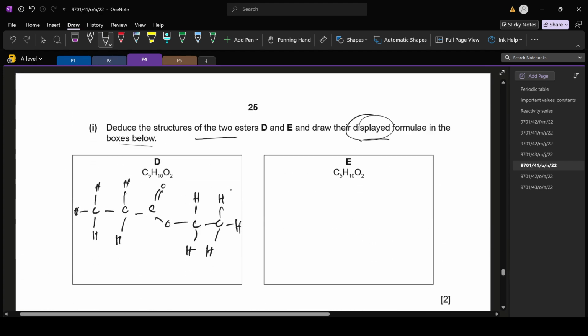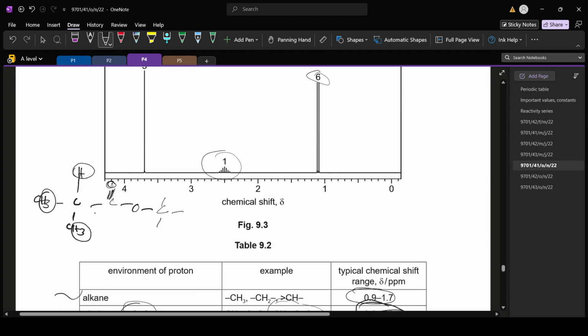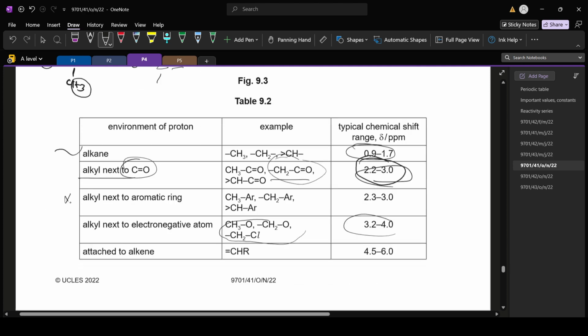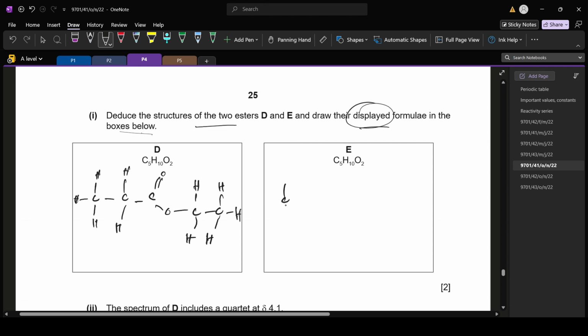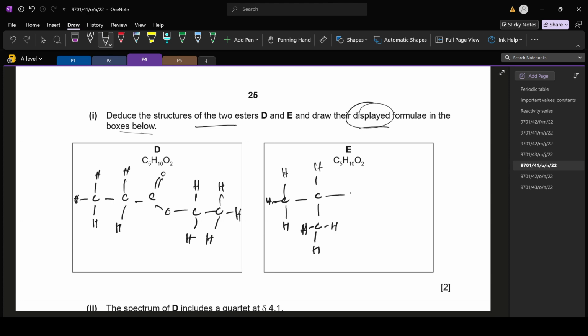Okay, so now the structure of E. So CH3, CH, CH3, then you will have ester linkage, then CH3. So these are your displayed formulae.